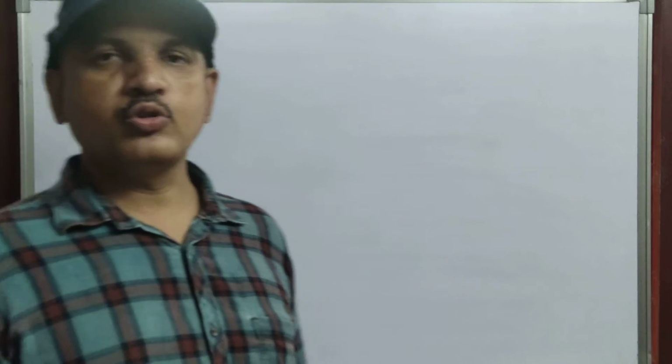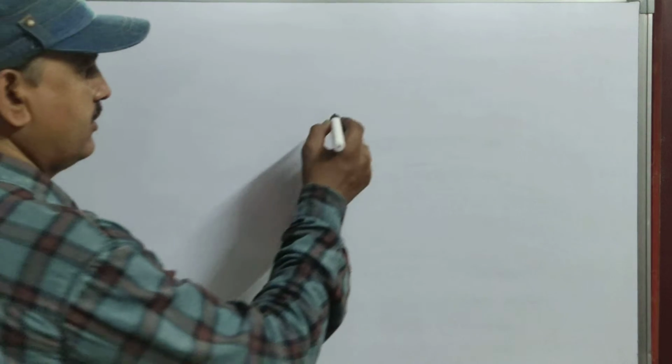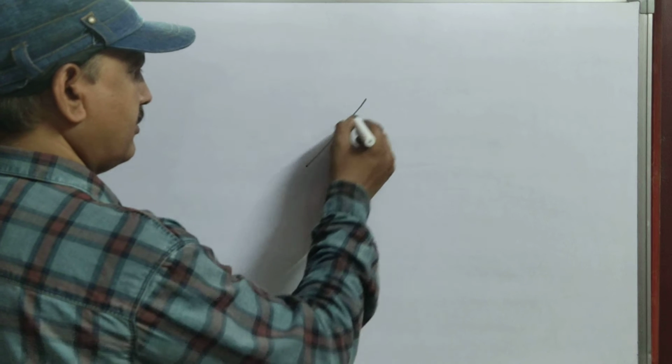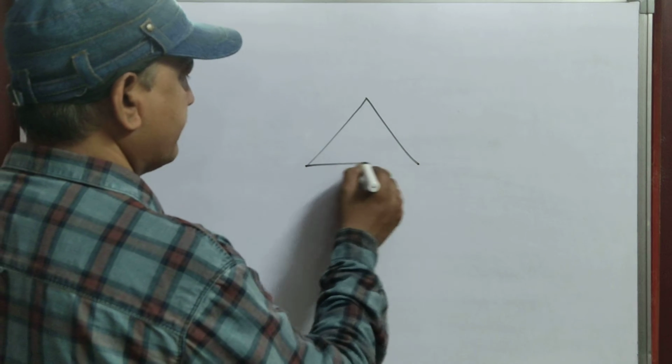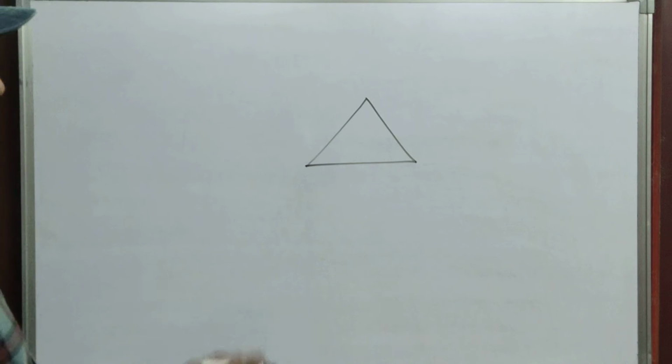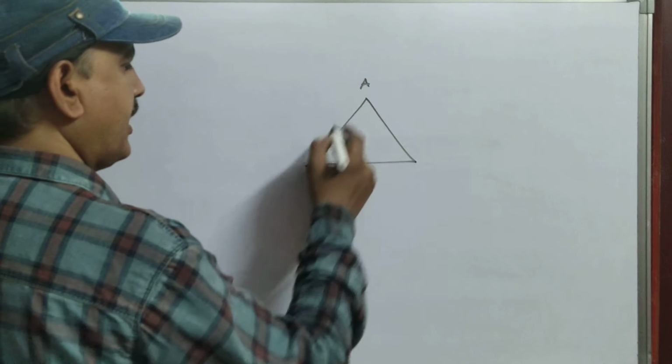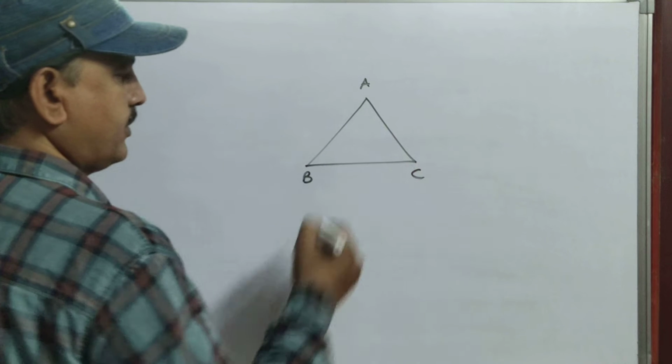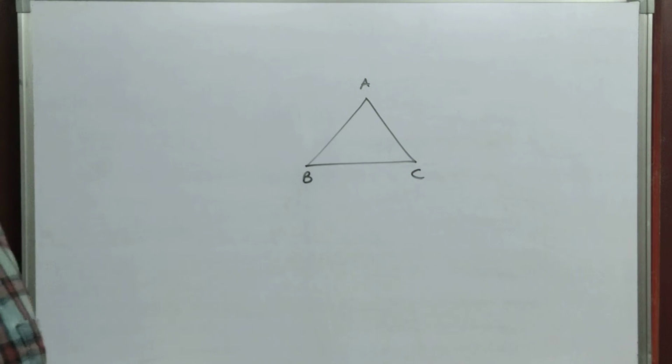Check whether 5 comma minus 2, 6 comma 4 and 7 comma minus 2 are the vertices of an isosceles triangle. Here I'll explain how to do the sum. If I draw a triangle, then you will understand very clearly. Consider this triangle as ABC, because they did not give any name to the triangle.